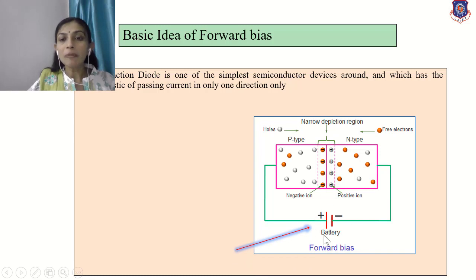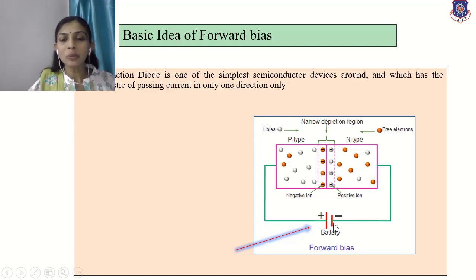Now, what is the effect of the battery? Due to the plus terminal of the battery, holes will be repelled, because of the same positive charge. Due to the repulsion they will travel towards the junction and try to cross the junction and go towards the n type.